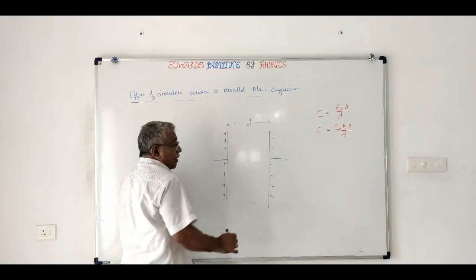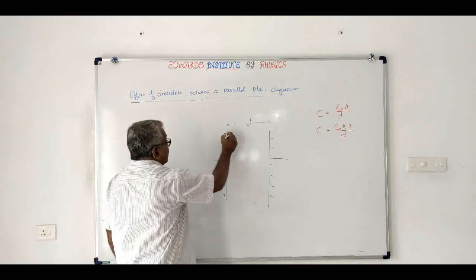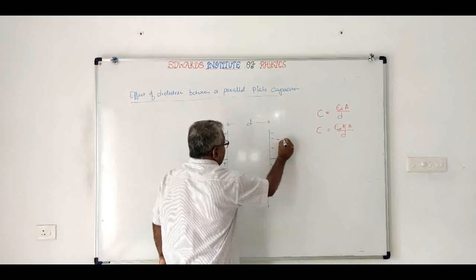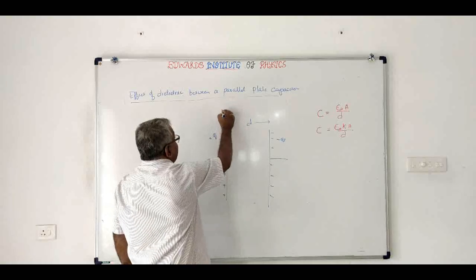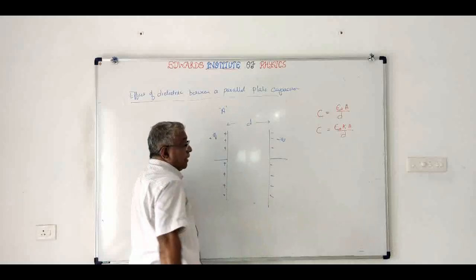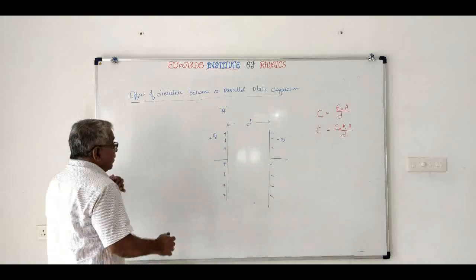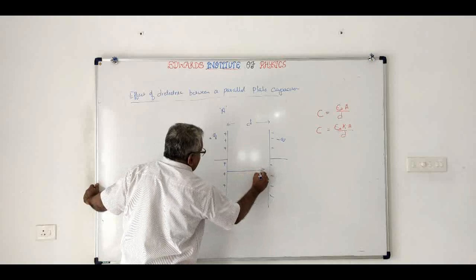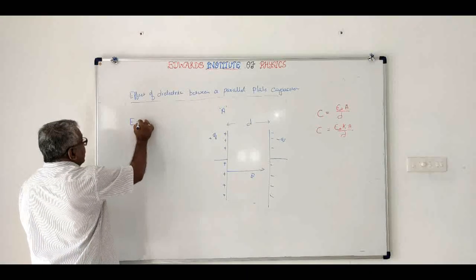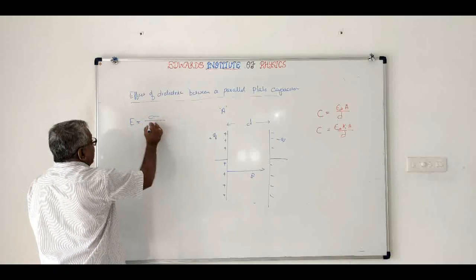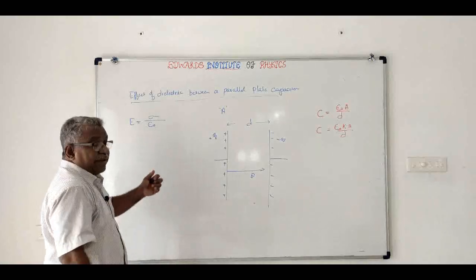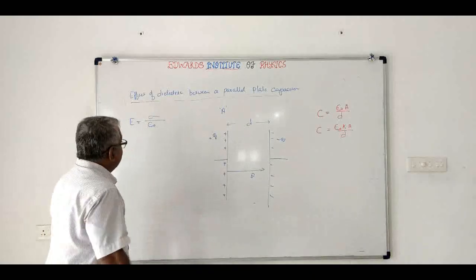Imagine that these are the two parallel plates, with charge Q on this plate and minus Q on this plate. If A is the area of the plate and D is the distance between them, then the electric field between these two will be E equal to sigma by epsilon 0. That we have proved in the last chapter.